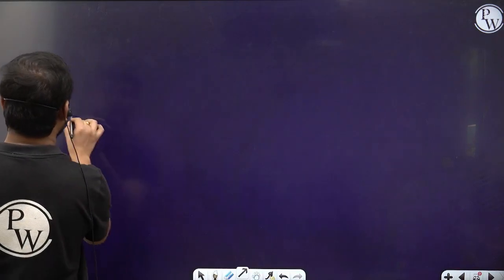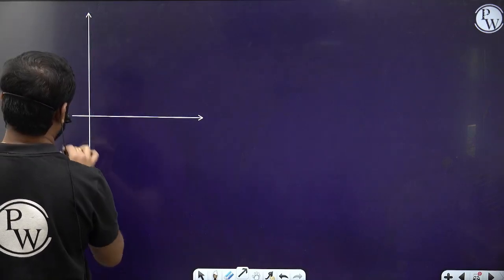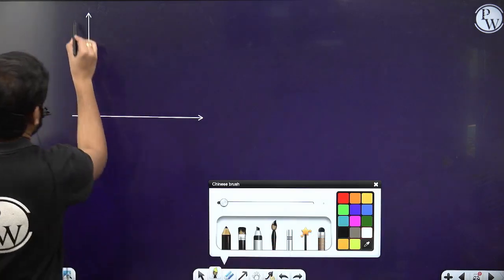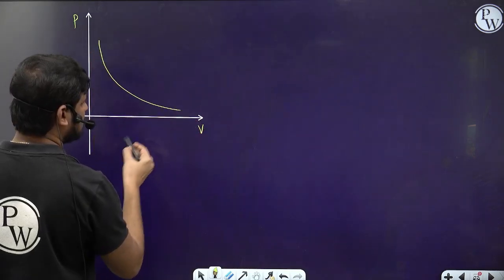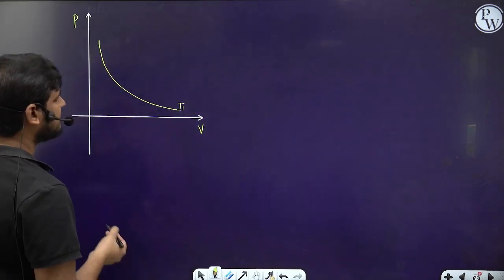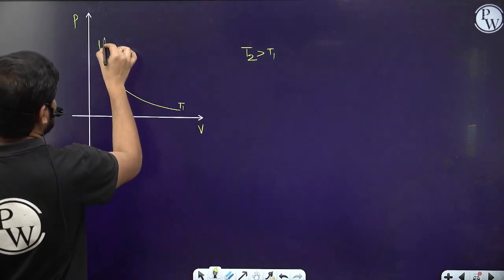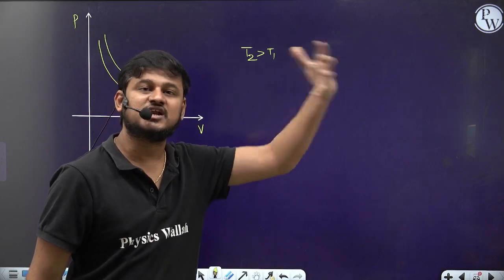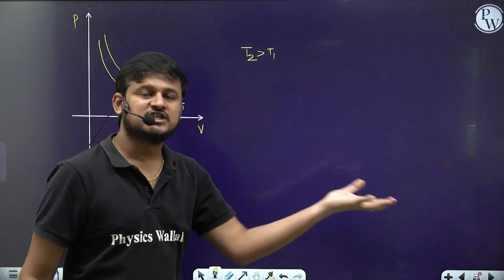So let's discuss more about this graph. The P versus V. Let's say I take some temperature T1; this is the isotherm that we got. Now if I take a different temperature T2, let it be greater than T1. Then PV is equal to nRT, so if the temperature increases, the nRT value increases, which is nothing but the PV value increases.